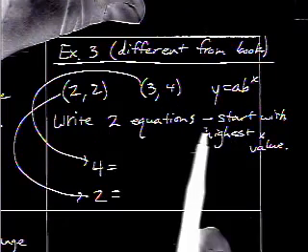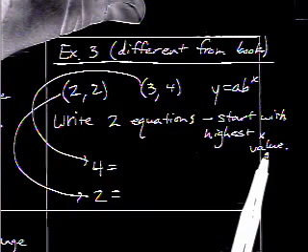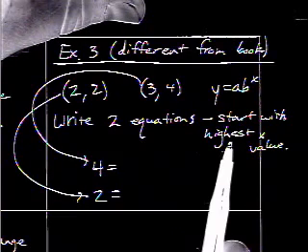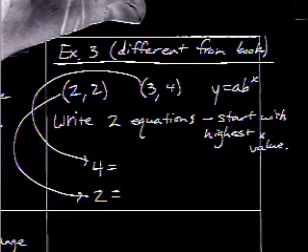You notice I said write two equations and start with the highest x value. I promise you, if you start with the highest x value, you will more than likely be able to answer the question. And if you don't, you're going to get confused. Most Algebra 2 kids don't remember how to handle the negative exponents, and so it really confuses them. If we stick with starting with the highest x value, we won't have those kind of problems.